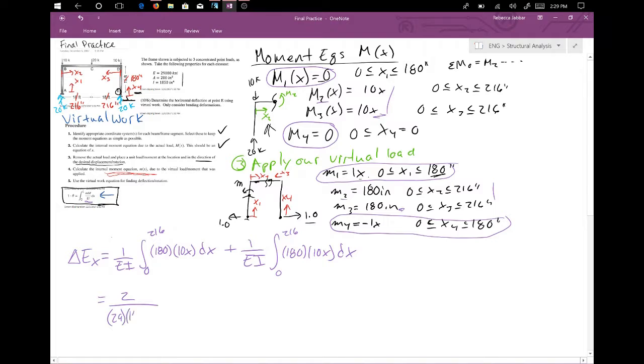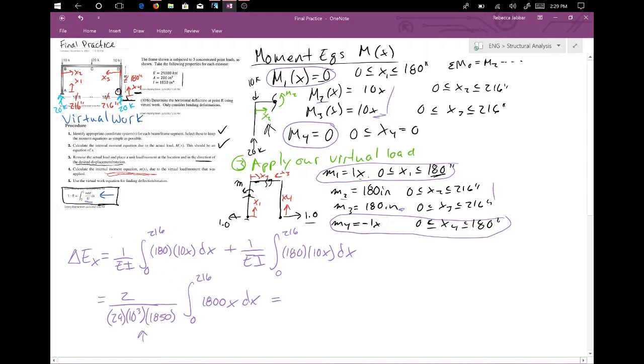I'm not lazy, so I actually like to do my calculus, but I also got into this because I love calculus. If I was a teacher, I would tell you to keep your units on this, but again, lazy, and I know them, and I don't need to. Right, and then just distribute that 10 and the x, and we get 1800x dx.